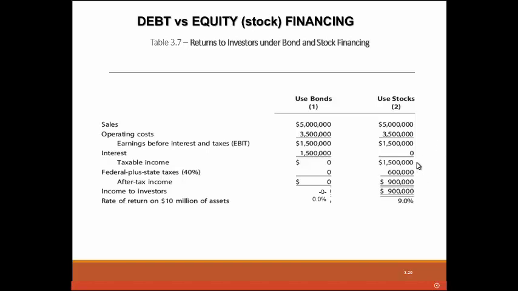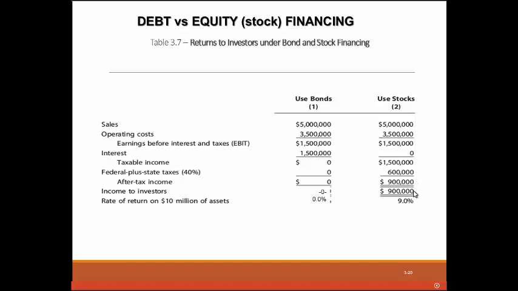Applying a 40% tax rate, you would get $600,000 of taxes. $600,000 from $1.5 million produces after-tax income of $900,000.